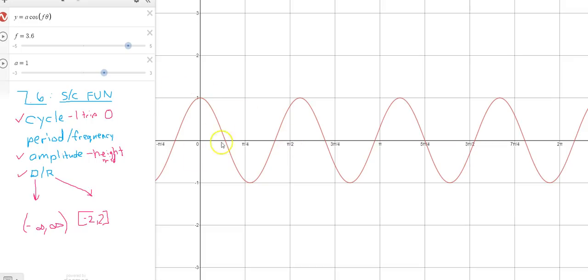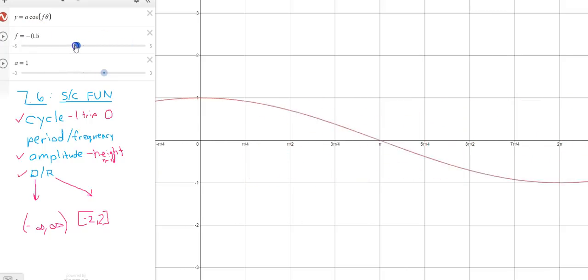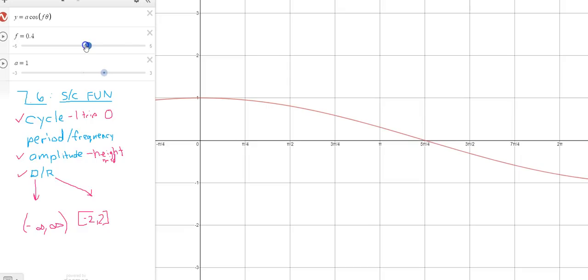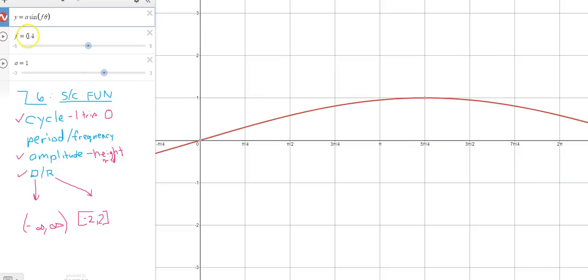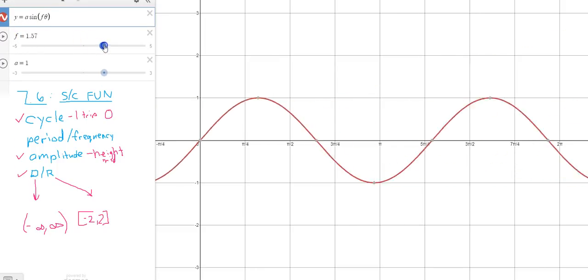And so there are more trips around my circle in my frame right here. Whereas if I stretch it out, we can't even see one cycle of cosine in our picture frame. I'm going to go back to sine real quick just to show. Again, it's the same impact. It doesn't matter.